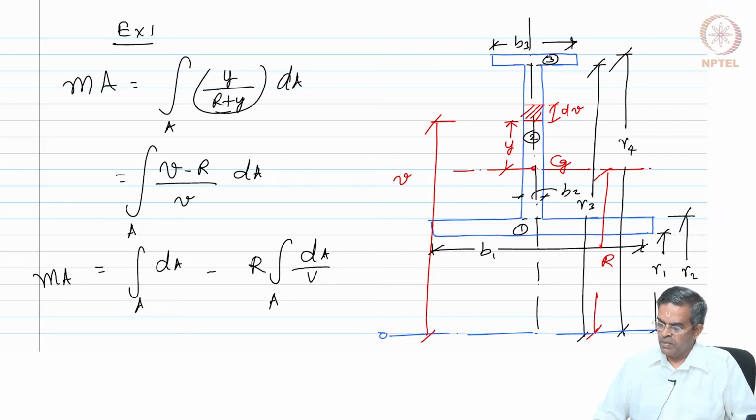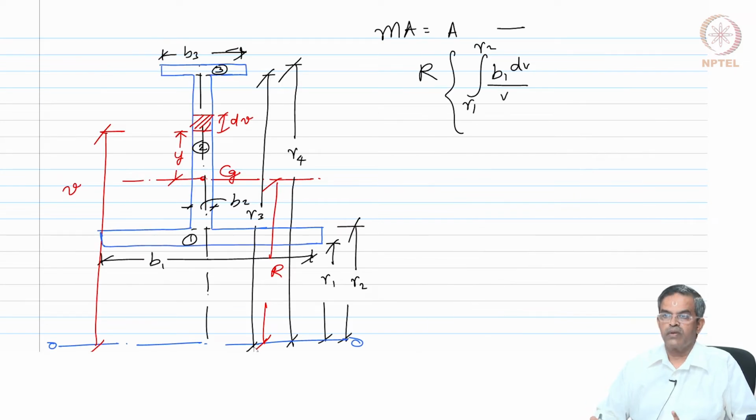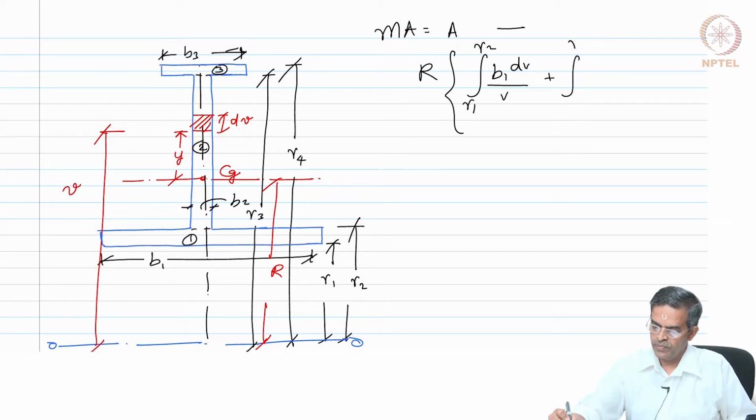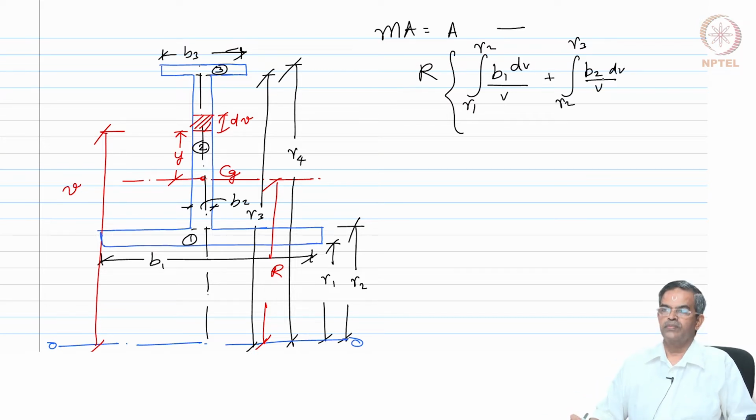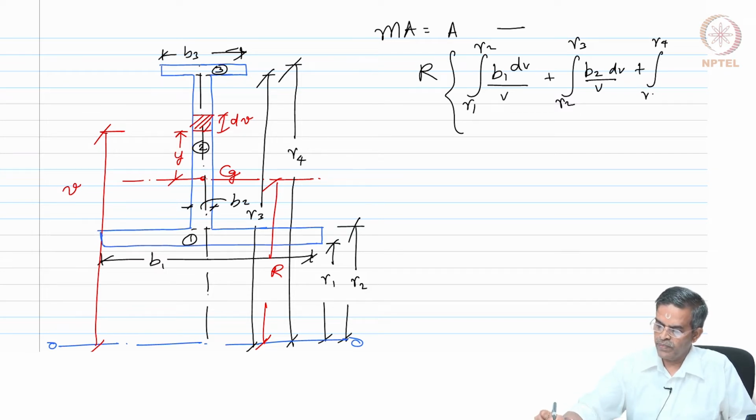So, a small strip cut here and that strip is going to vary from R1 to R2, that is what I am doing, plus integral R3 to R2, for this strip it is B2. Similarly, integral R4 to R3 and this is B3.